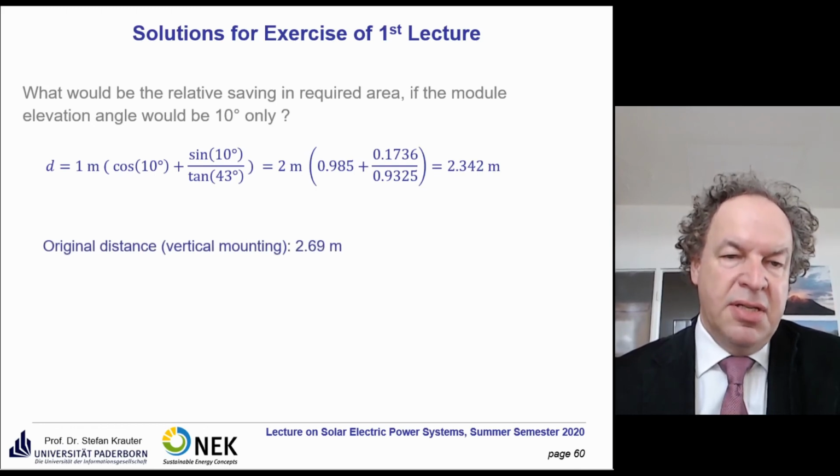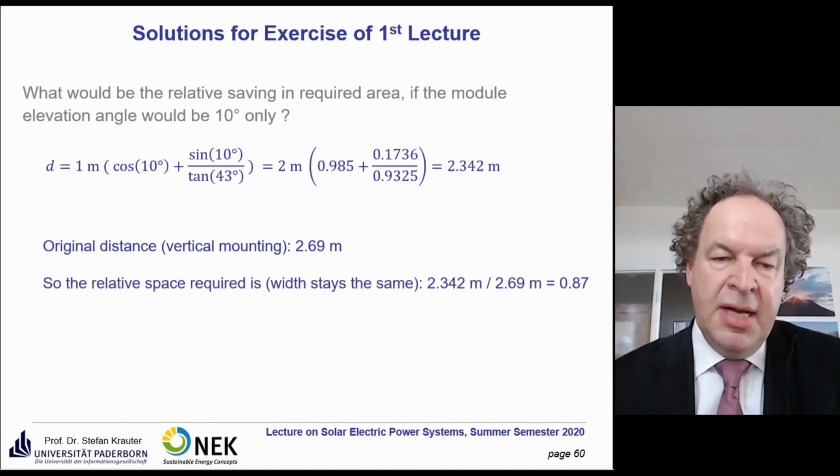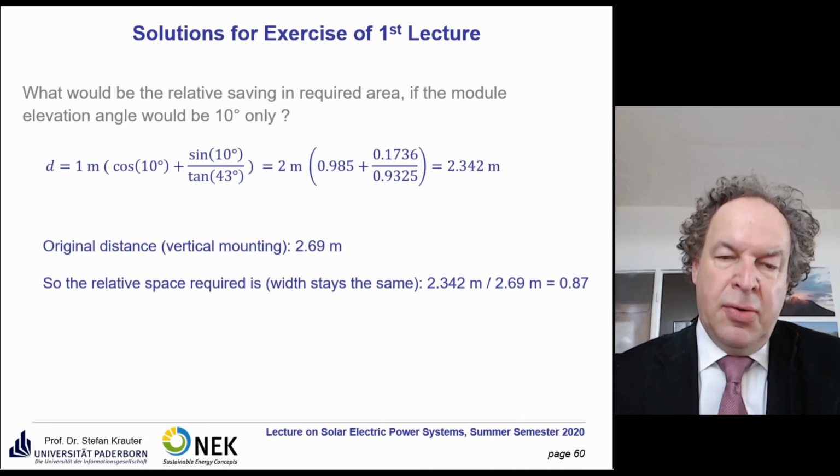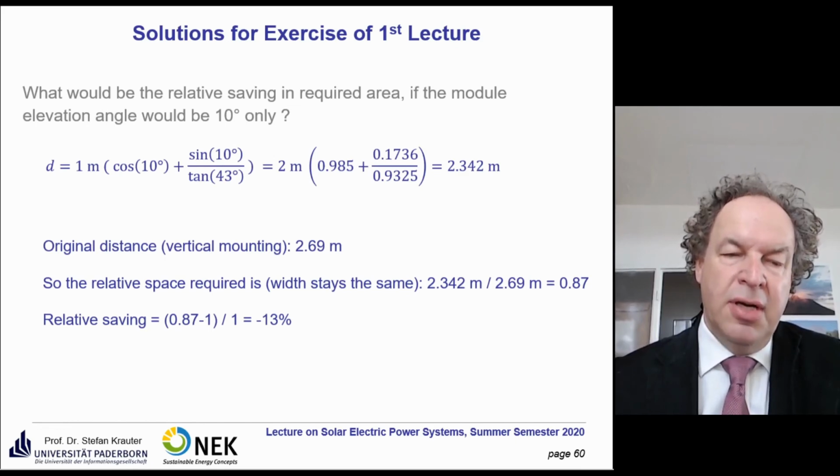So you see that 1 meter and 2 meters are written, and yes, the distance is a bit shorter because it was 2.69 meters, so we have a factor of 0.87. That means, in other words, that we saved about 13% in space due to the flatter installation and the lower shadowing losses.